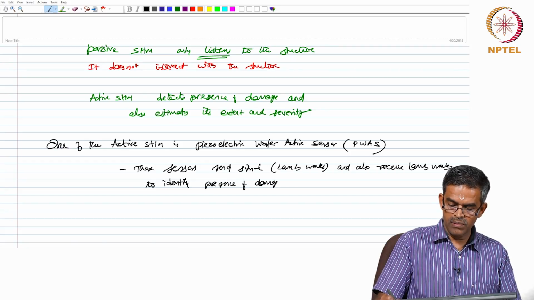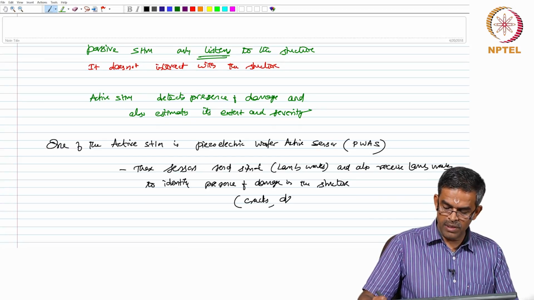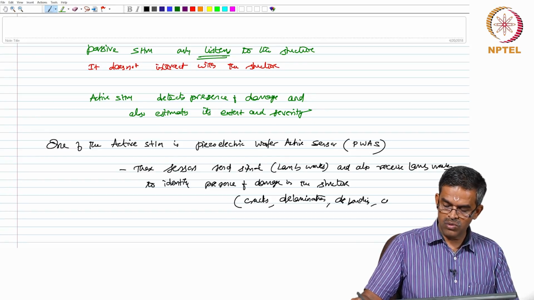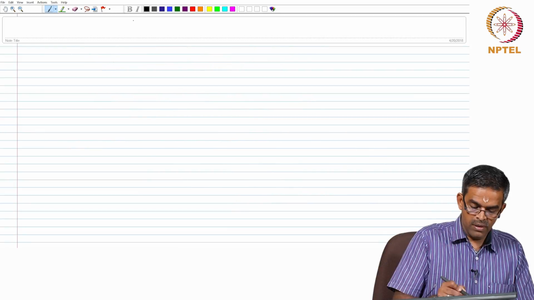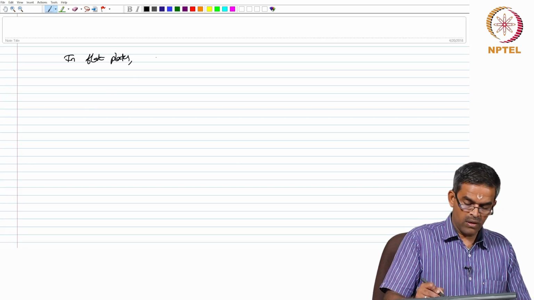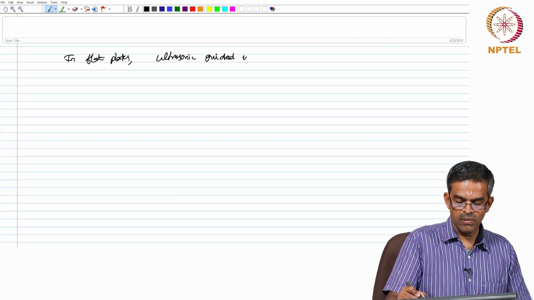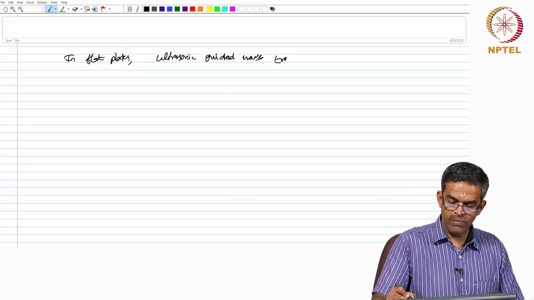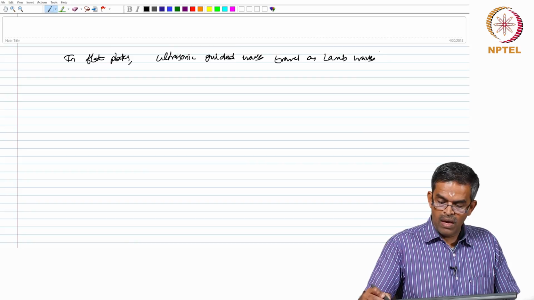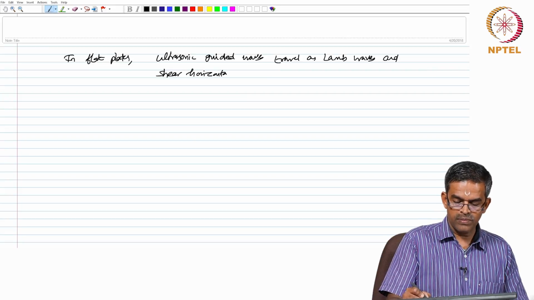Presence of damage in the structure. The damage could be cracks, delamination, debonding, corrosion, etc. In flat plates, ultrasonic guided waves travel as Lamb waves and shear horizontal waves.